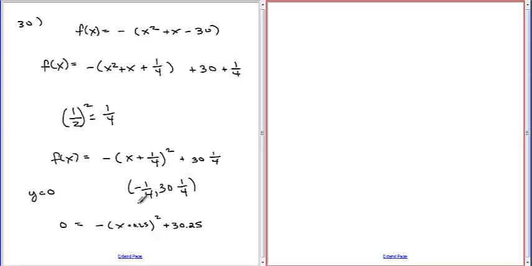So we set that equal to 0, so then you subtract 30.25 from both sides. And then you multiply both sides by -1.